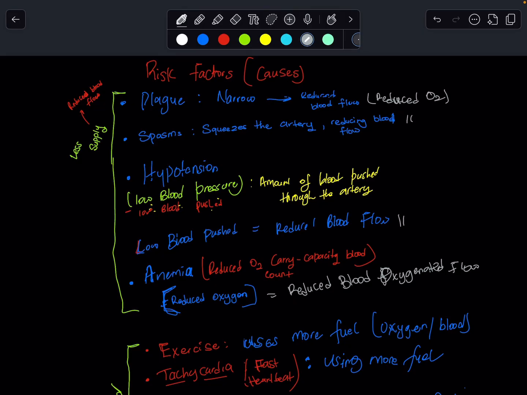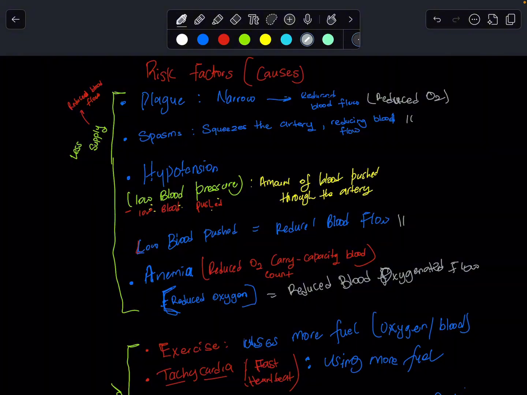Again, plaque narrows the artery because it takes up space, reducing blood flow, which reduces the oxygen going to the heart. Spasms squeeze the artery, reducing blood flow, which reduces the oxygen going to the heart. Hypotension means low blood push, a reduced amount of blood pushed to the artery, so reduced blood flow. Reduced blood flow means reduced oxygen.